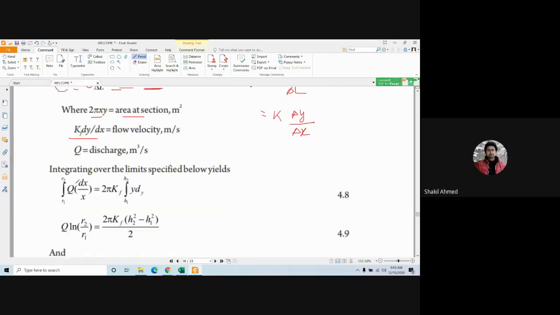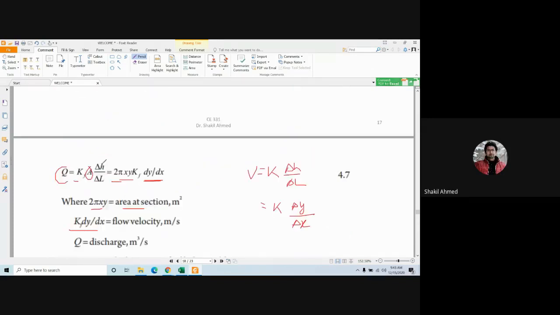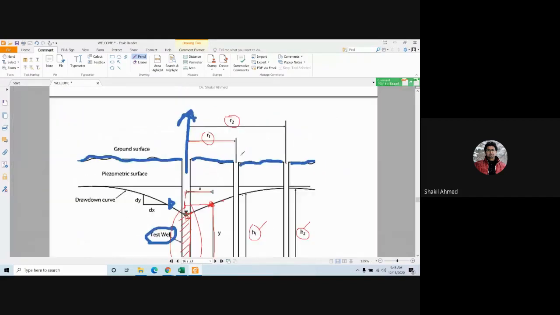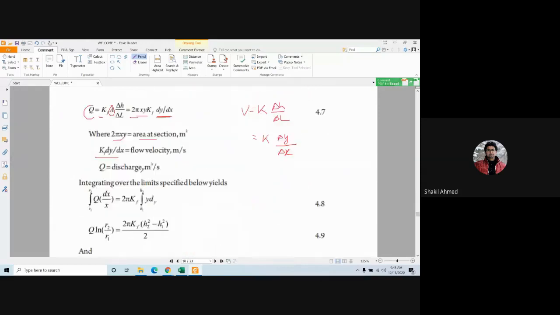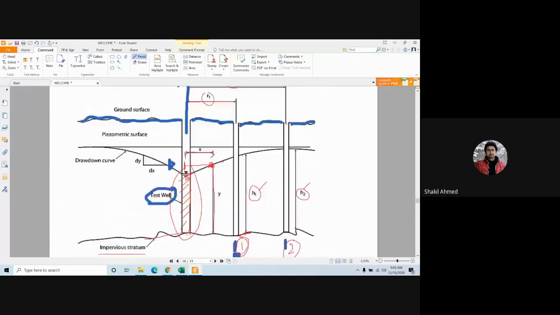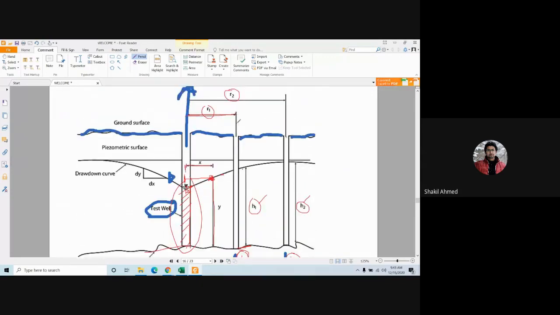Now, integrating over the limits, what would happen? What is our limit here? Say the limit is R1 to R2. At R1, what is the Y? H1. At R2, what is the Y?